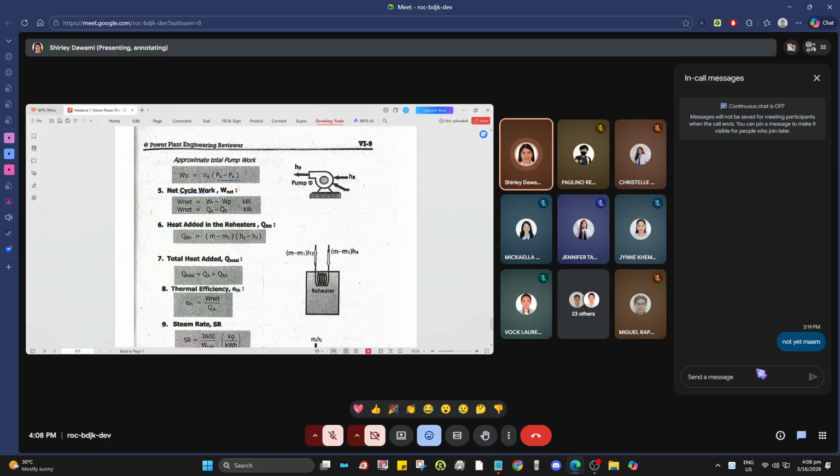Then for the net cycle work, that is turbine work minus pump work, or QA minus QR. For the heat added in the reheater, or QRH, the reheater takes the steam from the turbine. That is after the intermediate expansion, right?